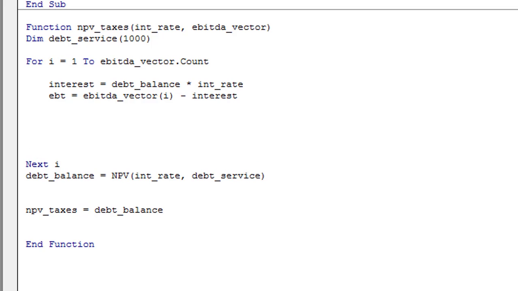Now I think we should be transparent and follow our religion, our flexible, accurate, structured, transparent religion, and be as transparent as we possibly can with all these things. And then we say taxes equals EBT times the tax rate.